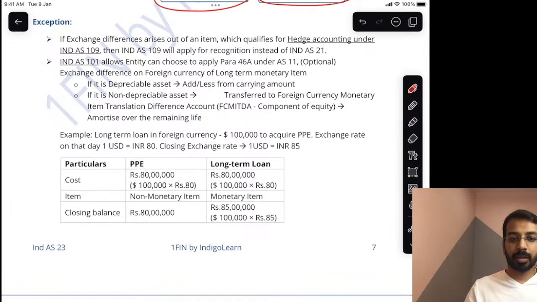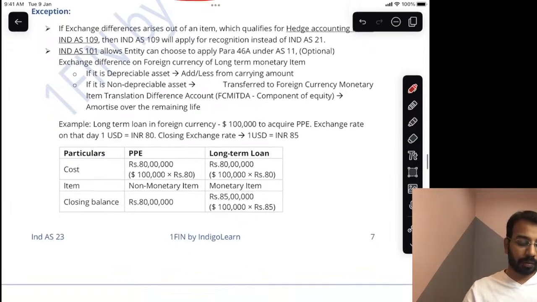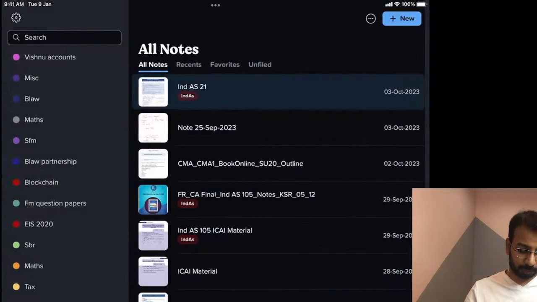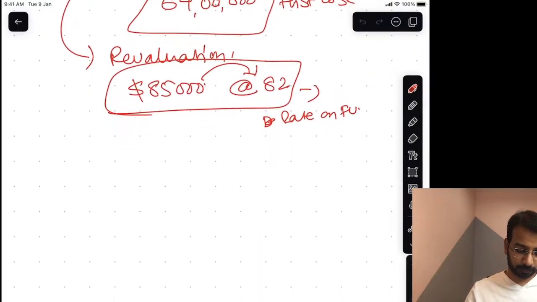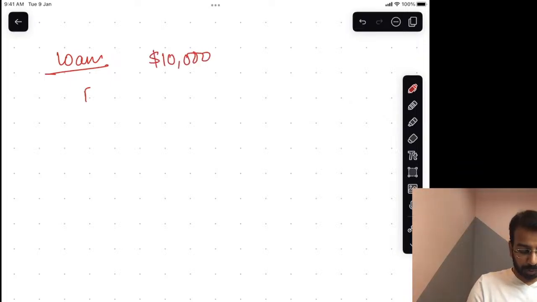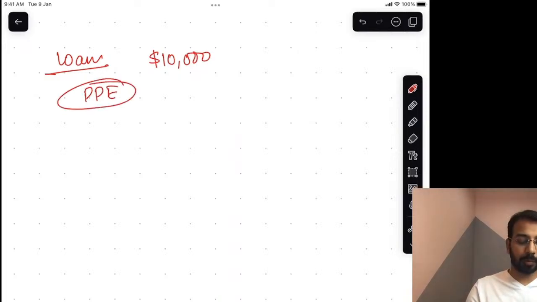Now, one thing you have understood is, if there is, let us say, a loan. Let us say we have taken a $10,000 loan to acquire PPE.